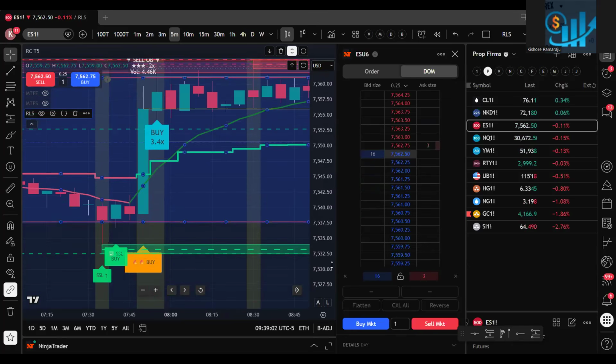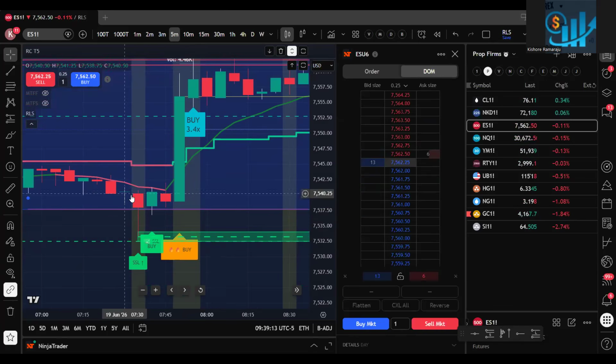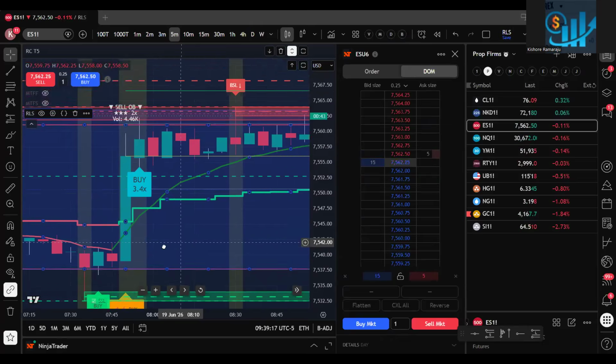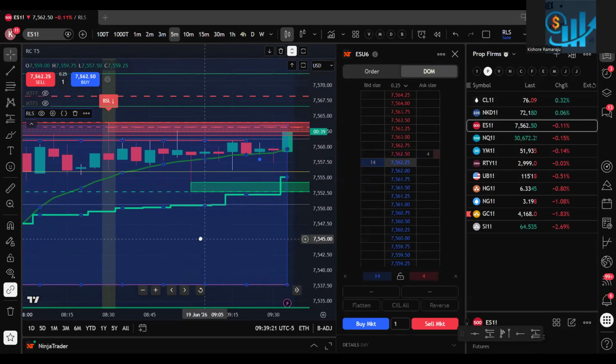So that's what we use in our challenges, 25K to 50K challenge, from 9 a.m. to 2 p.m. That's where we take these types of trades, where we look for such sell side liquidity sweeps or buy side liquidity sweeps with a follow up candle. Then we can grab the buy.